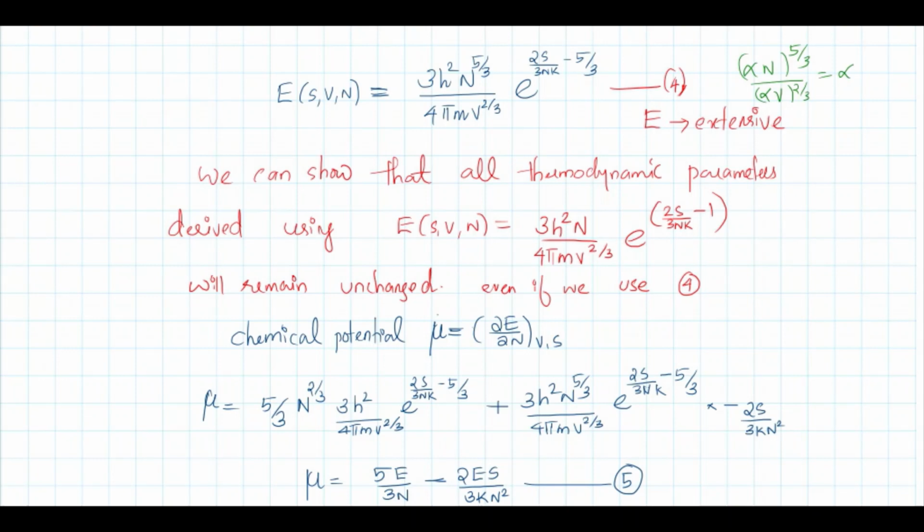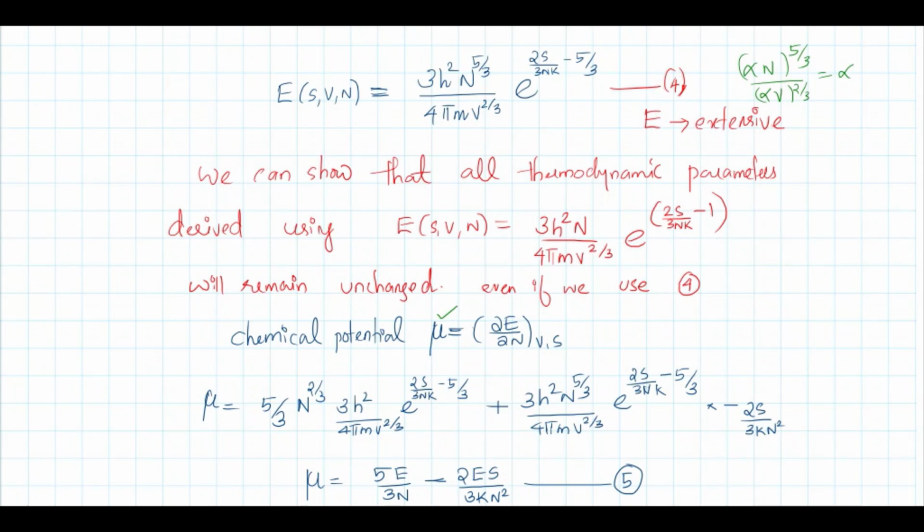Chemical potential mu is dou E by dou N. Okay, before that I will make a remark. The thermodynamic parameters we derived in the first session of this lecture, all those parameters will remain unchanged even if we use equation 4.